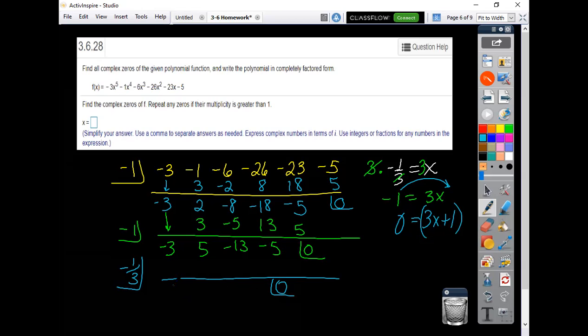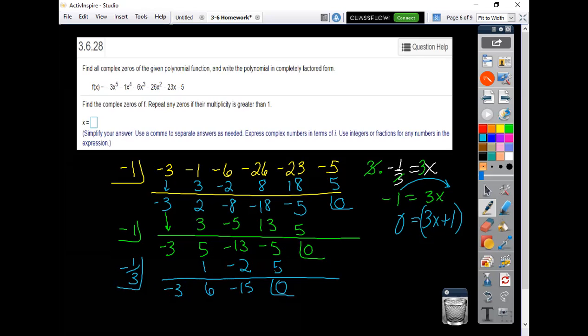So bring down this negative 3. Negative 1/3 times negative 3 would be positive 1. Add straight down. Negative 1/3 times 6 would be negative 2. Add straight down. Negative 15. Negative 1/3 times negative 15 is positive 5. Add straight down.